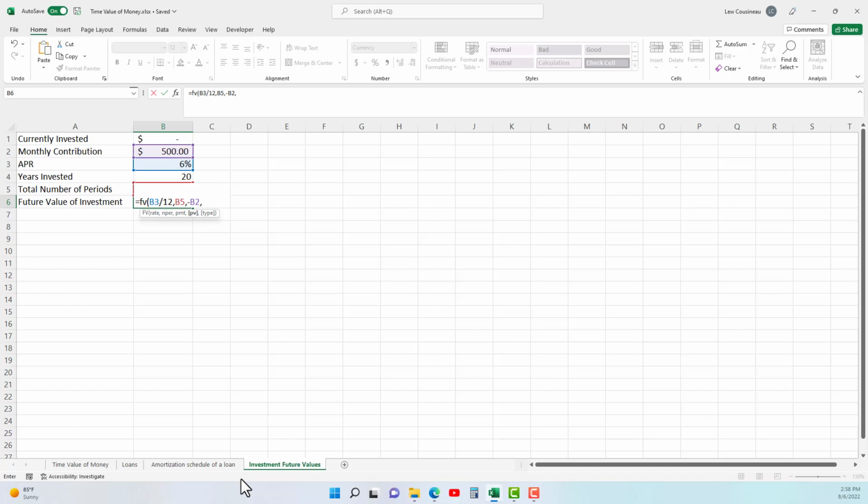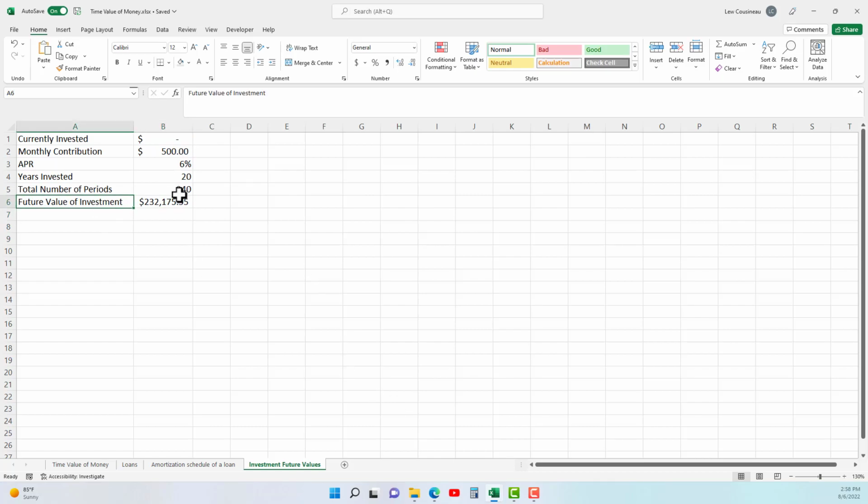So we'll just leave that blank, and I'll put 0. And then finally, what is the type? This is an investment, and we invest at the beginning of the month. So this should be a 1. So the bottom line is, if you have an investment of $500 a month for 20 years, you'll have $232,000 at a 6% interest rate.